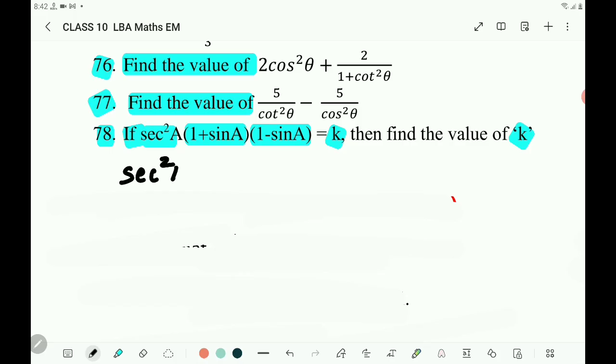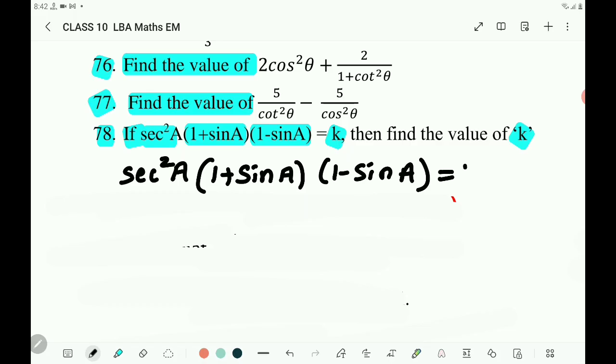Secant square a into 1 plus sin a into 1 minus sin a is equal to k. So let us take k equals secant square a into 1 plus sin a into 1 minus sin a.